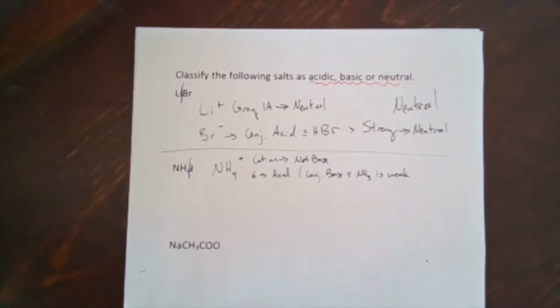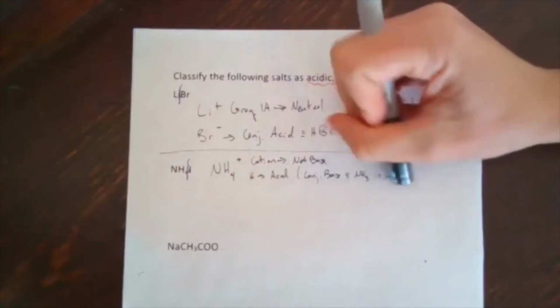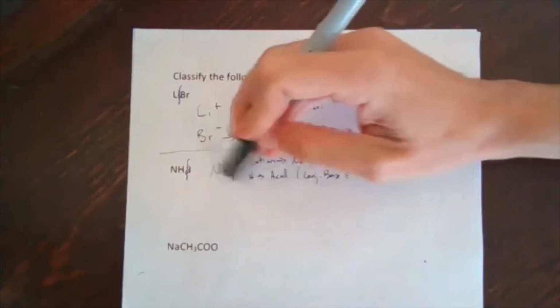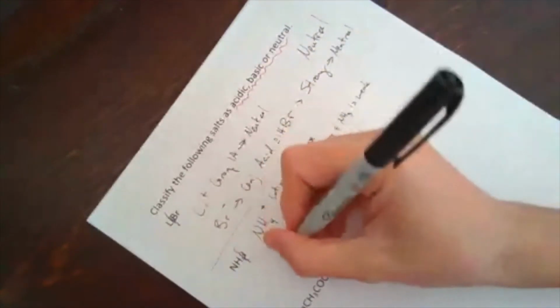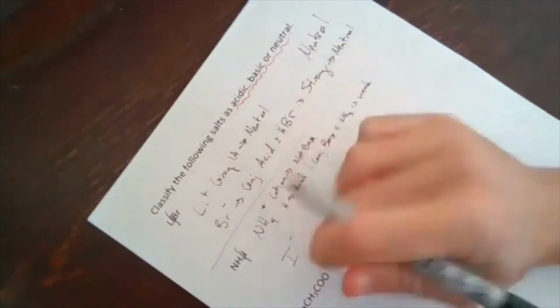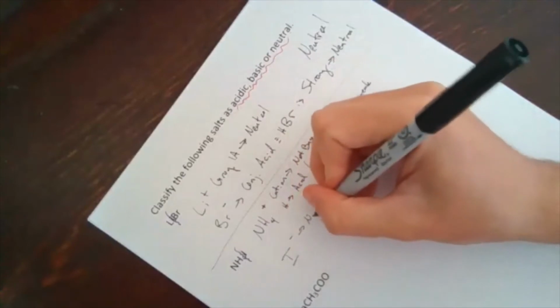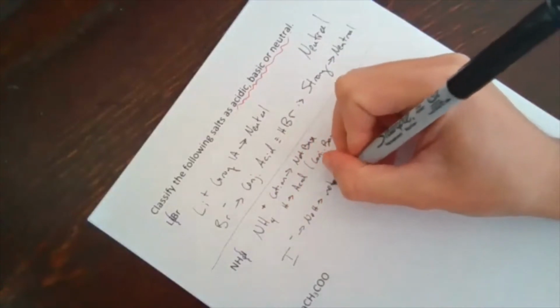So in the case, HBr is a strong acid, so the conjugate bromide is not a base. But in this case, if the conjugate base is a weak base, then this has to be a weak acid. So NH4 plus is acidic. That is an acidic cation. So then if my anion is I minus, well, no H leads to not acid.